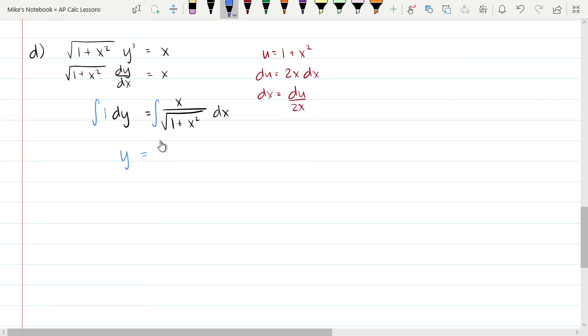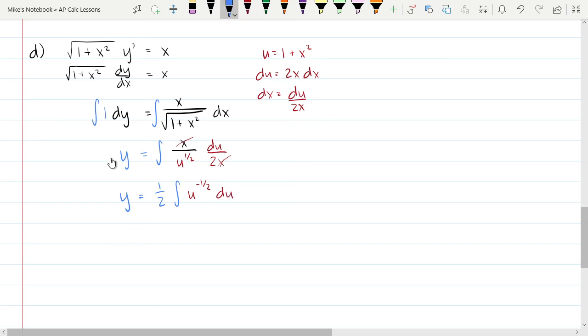So our integral now becomes, we have x over u to the 1/2, and then we get du over 2x. So I'm going to move that 1/2 out in front, and I get y equals 1/2 times the integral of u to the negative 1/2 du.